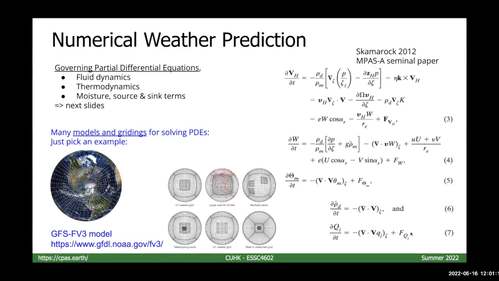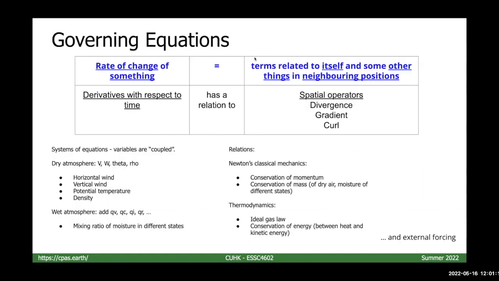And what are the right-hand side? So complicated. They are terms related to the something itself and some other things. And most important of all, about the location, it's not only related to the location of that variable itself, it's also related to its neighboring position.